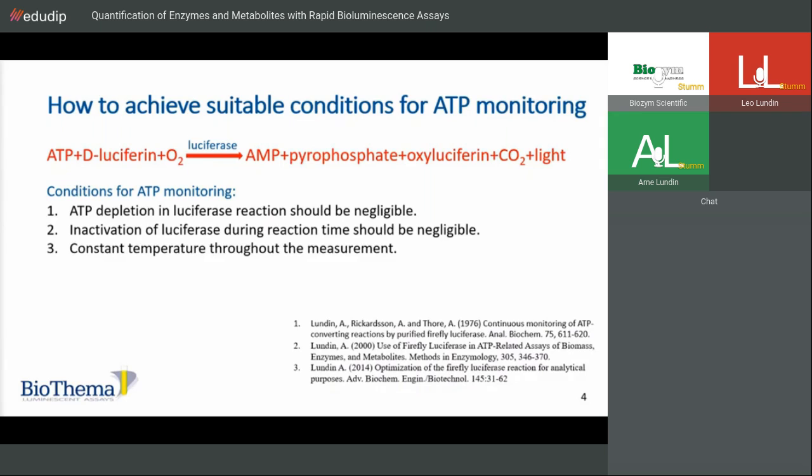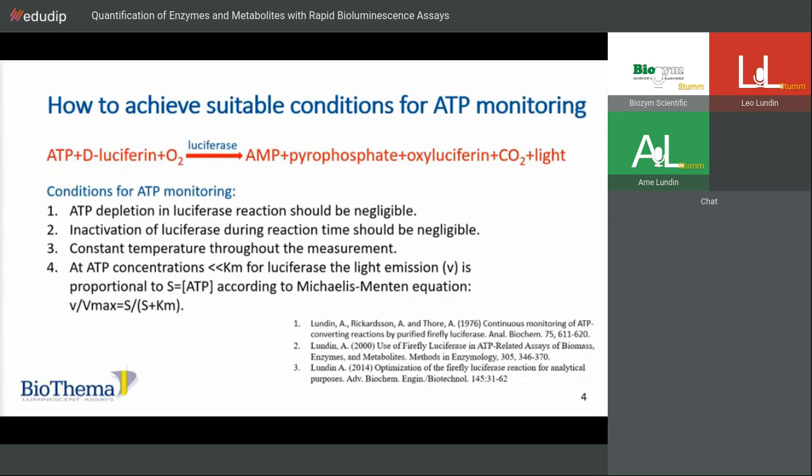And you need a constant temperature throughout the measurement. At ATP concentrations much less than Km for luciferase, the light emission V is proportional to S, which is the ATP concentration, according to the Michaelis-Menten equation given here.